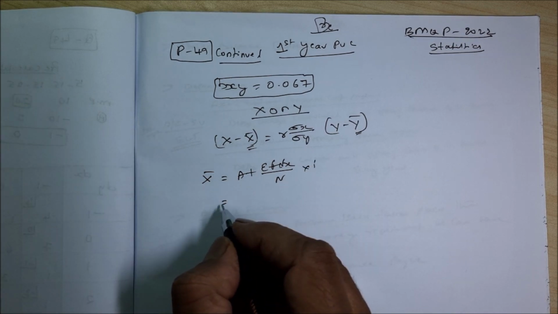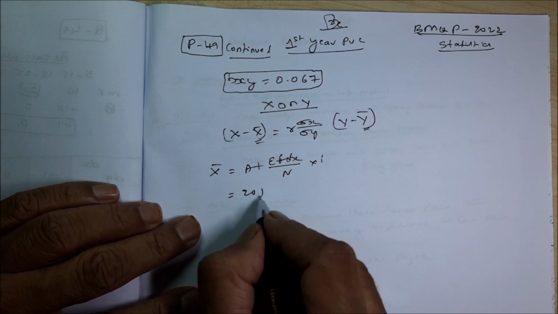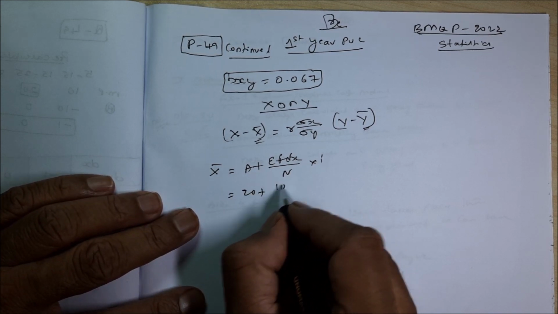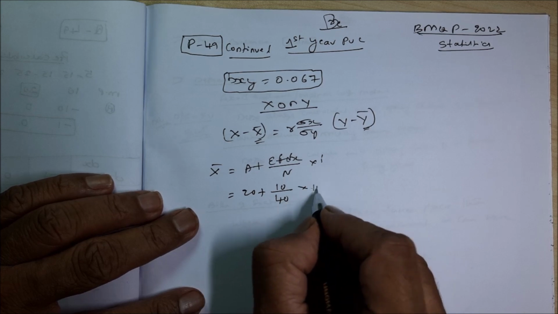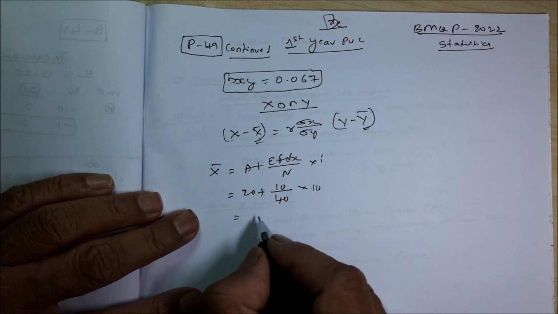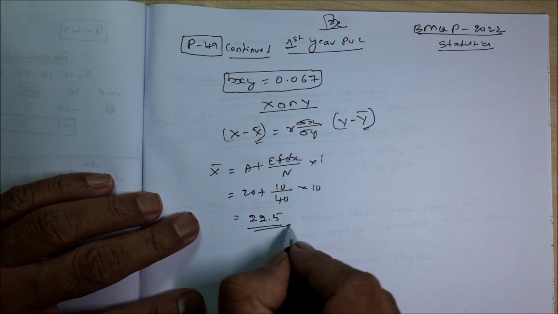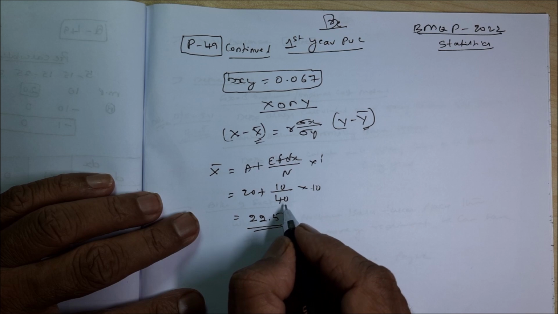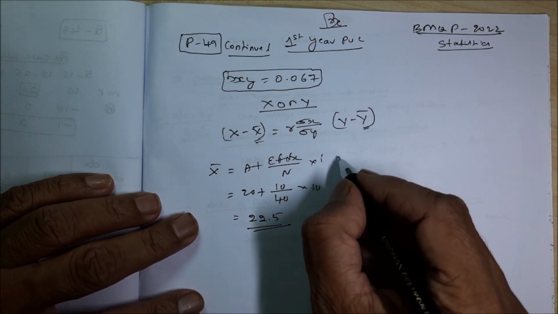So it is very simple. A is the assumed mean, in the first case 20, plus 10 divided by 40, you can refer back, into 10, is equal to 22.5. You simplify, you know that 10 into 10 is 100, 100 divided by 40 is 2.5, 20 plus 2.5 is 22.5.